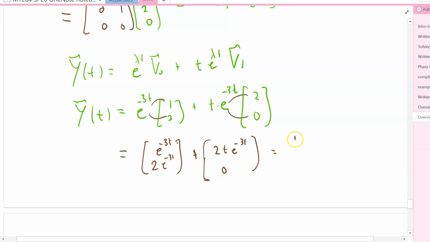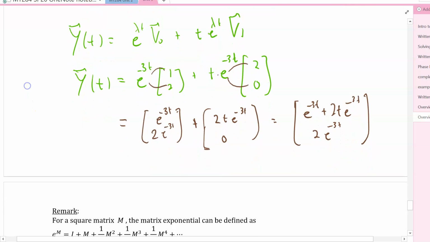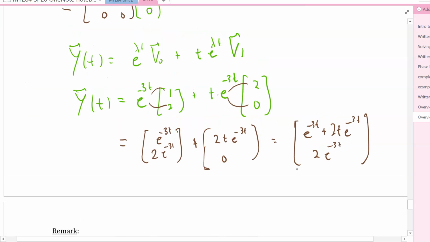Alright, so combining them together into one vector, if we add our first components, we're going to get e to the -3t plus 2t times e to the -3t, and we're just going to get 2 e to the -3t in the second component. Sometimes you're going to see it written like that. You might also factor that out.